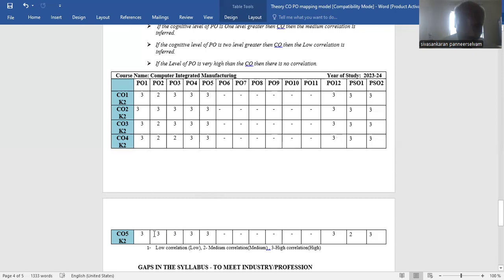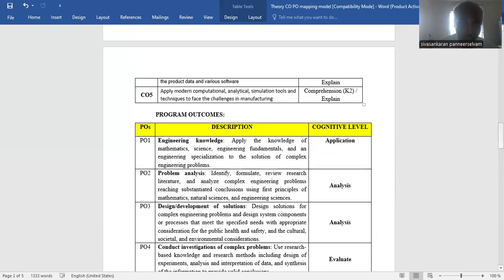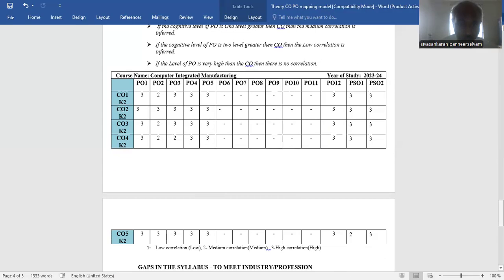And the last course outcome, CO5, mapped with PO1. Before that, we will go back and see what CO5 is. Applying modern computational analytical simulation tools and techniques to face the challenges in manufacturing. So use of various simulation and graphical tools to consider the challenges in manufacturing.